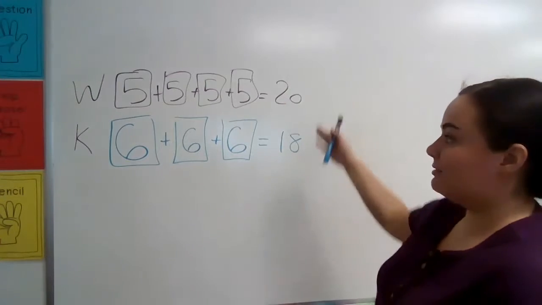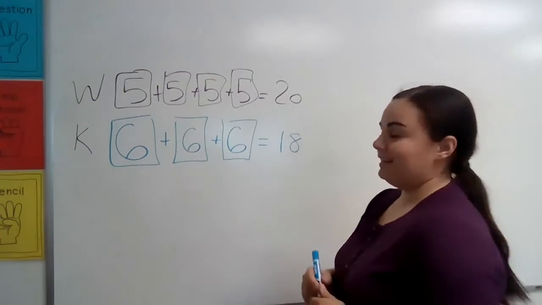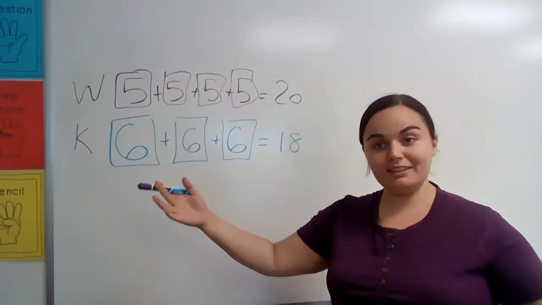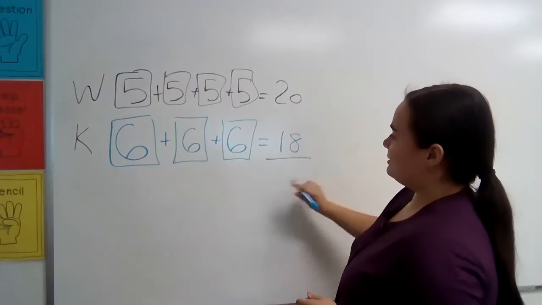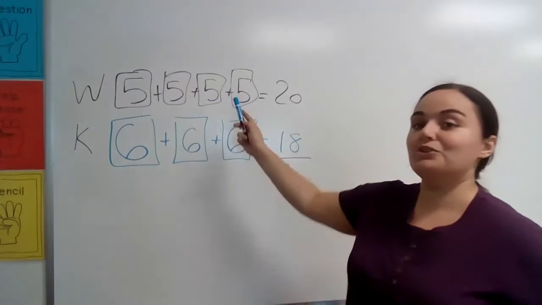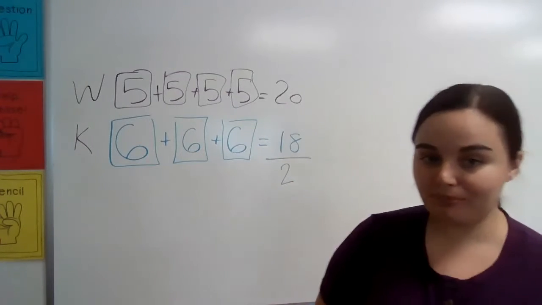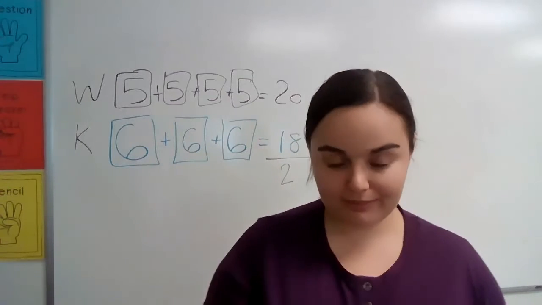We know that Mrs. Witt had 20. We know that Mrs. Carp had 18. That means Mrs. Witt had the larger number. We know that 20 is 2 more than 18. So Mrs. Witt had 2 more than Mrs. Carp. Okay? So if you wanted to do it numerically, that is another way to arrange that.